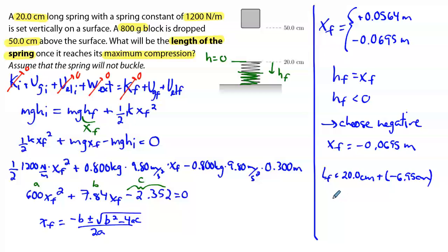Once we finish the calculations, we get that the length of the spring is roughly 13.05 centimeters. So the final length, once we round it, is 13.1 centimeters. This is the answer that we're looking for, and that's basically how we solve the problem. Thanks.